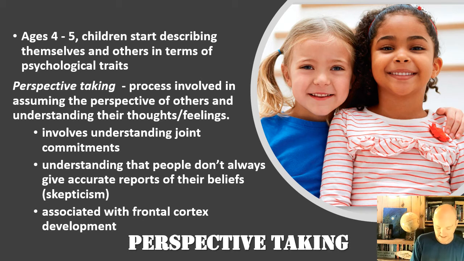So this is kind of interesting too. As the kid starts to realize that they can lie, they start to realize that other people can lie. You could call it, I have there, the birth of skepticism. This idea is understanding that other people don't always give accurate reports on what they think about things.